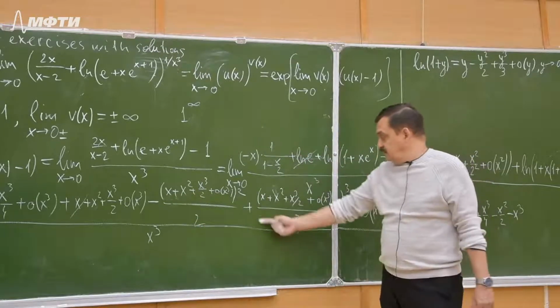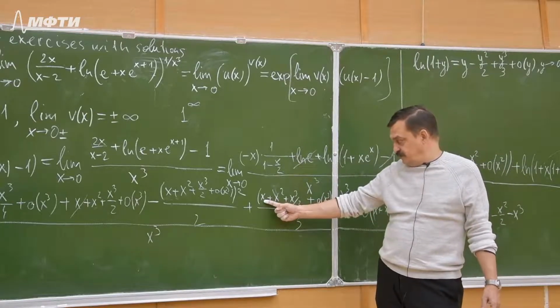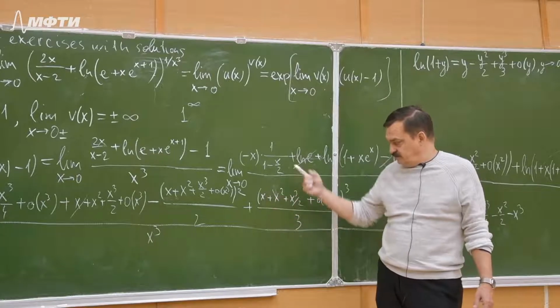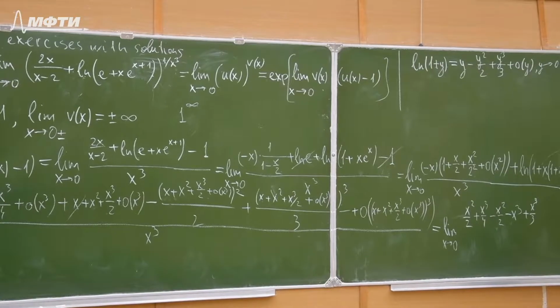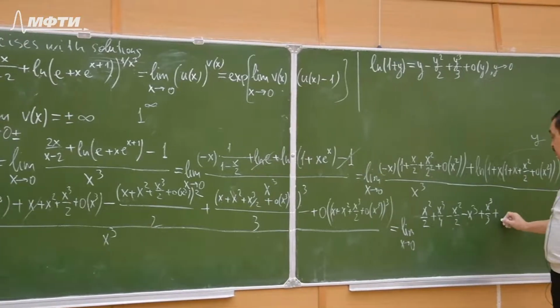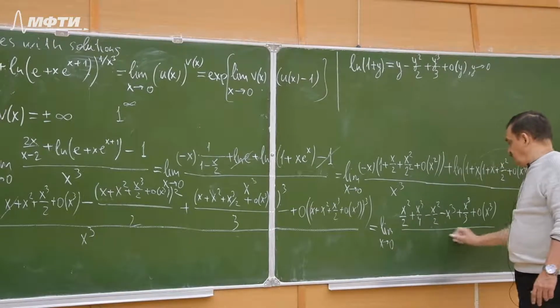And then for this cube, only cube of the first remains, because all other terms will contain larger degrees of x. So plus x cubed over 3, and all other terms contain larger power of x, so little o of x cubed over x cubed.